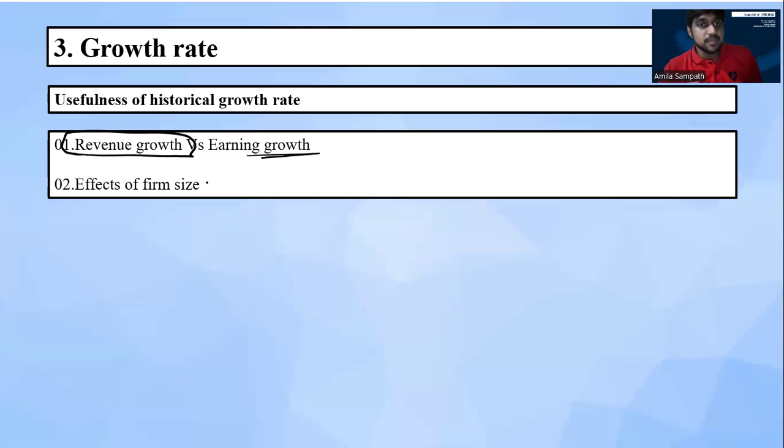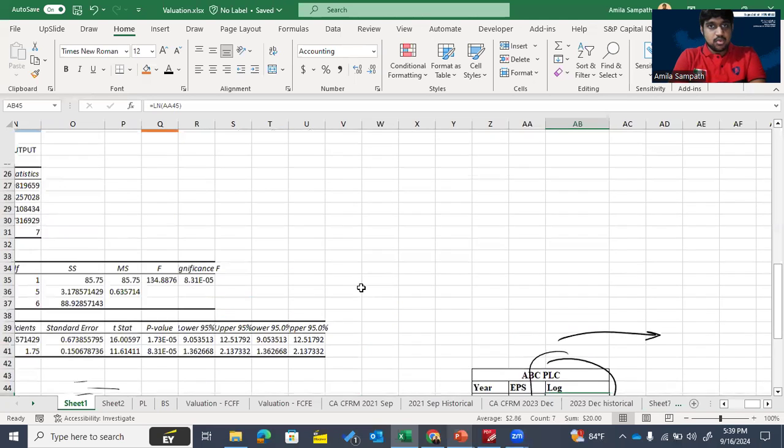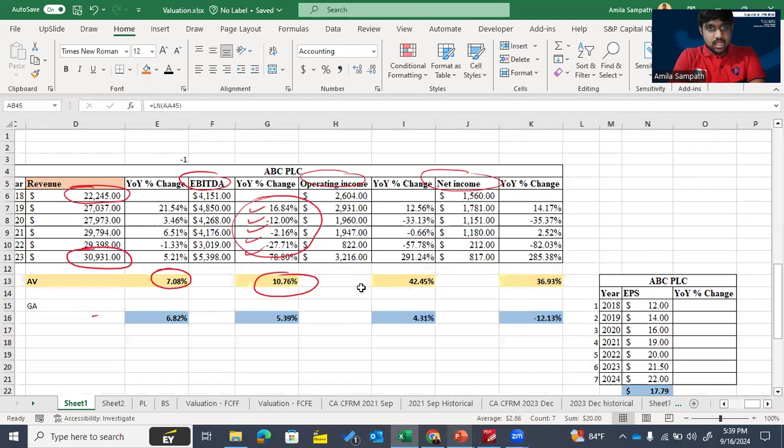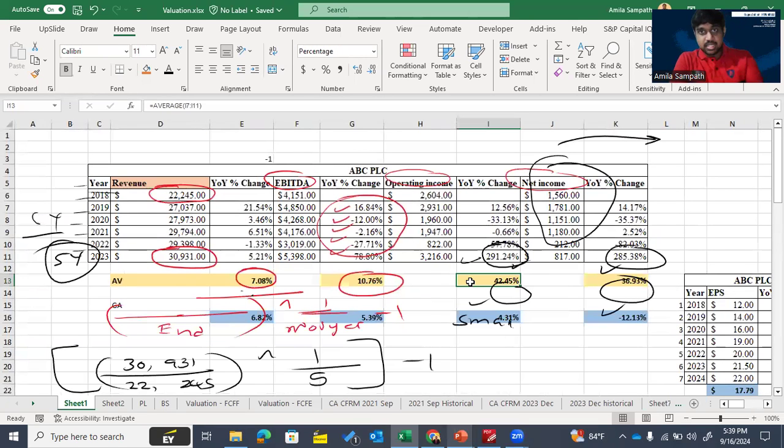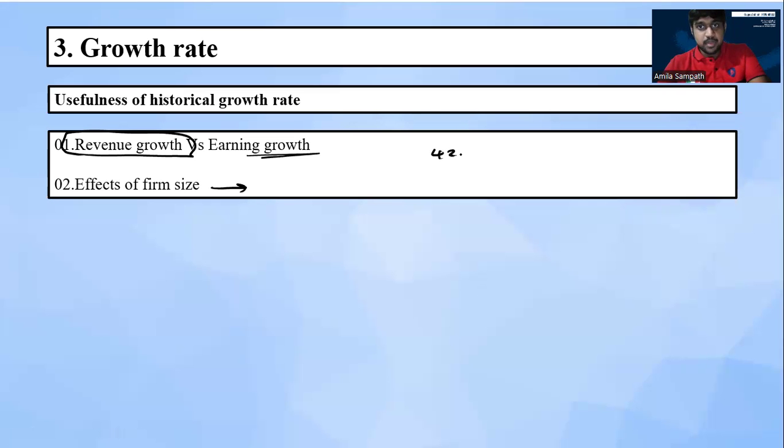Another thing is the effect of the firm size. I have mentioned this one also. Here you can see that from the arithmetic average for operating income, we identified a growth of 42.45%.